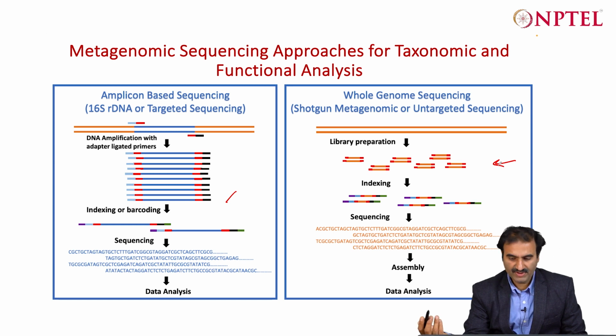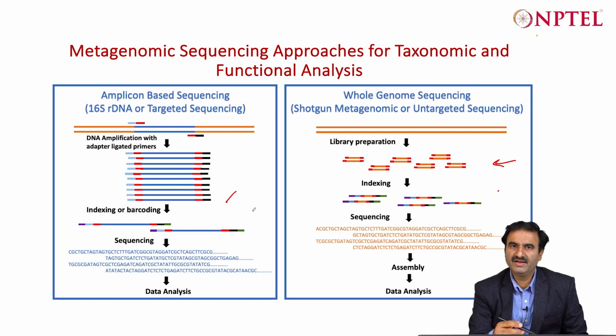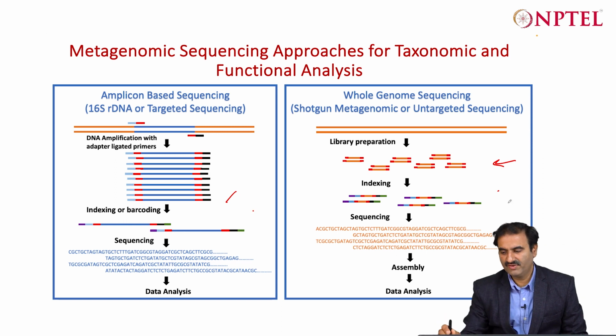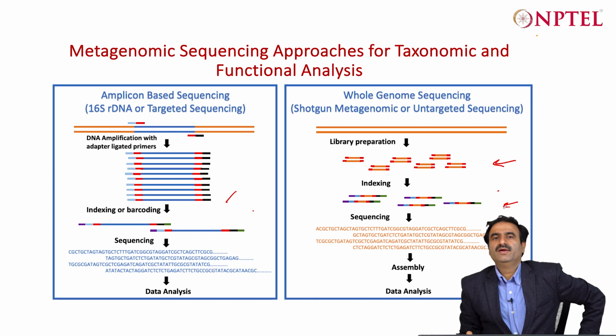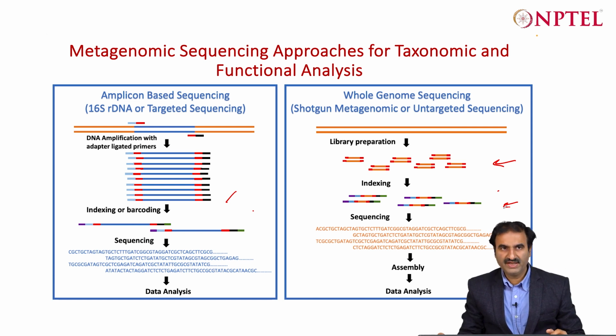So there is much more to sequence. The amplicon approach can easily be done with 200 to 300 MB, million base pairs of total data from sequencing, whereas for metagenomic you need at least 4 to 10 GB or even more from a particular sample.